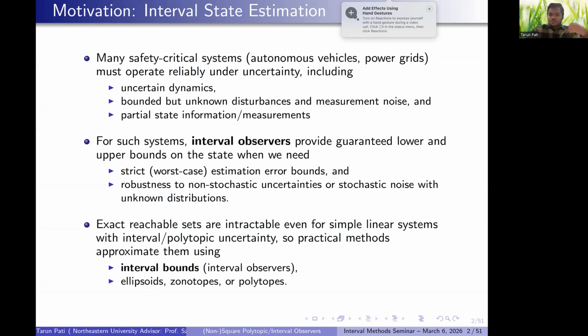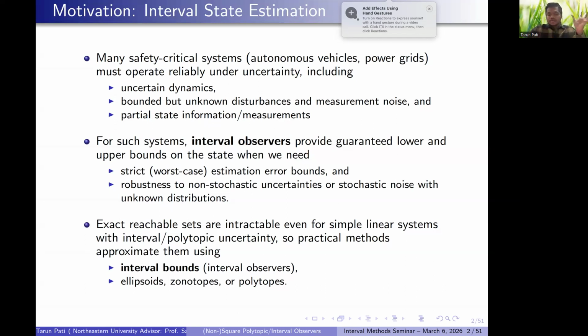Instead, we can use set-based or interval observers that provide upper and lower bounds of the state with the guarantee that the true state is always bounded between these two states for all admissible uncertainties.